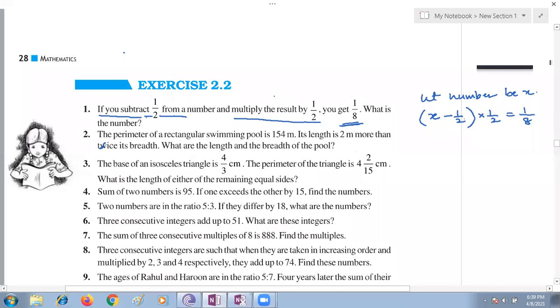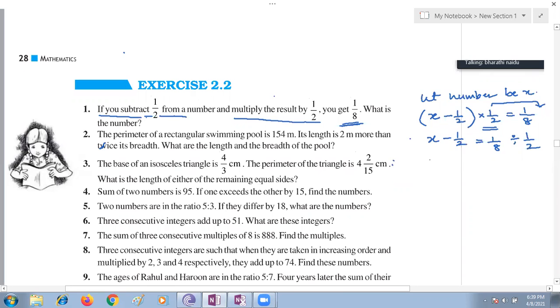You can send the half inside and simplify, or take this multiplication and transpose it to the other side, where it becomes division. That means we write 1 by 8 divided by 1 by 2.